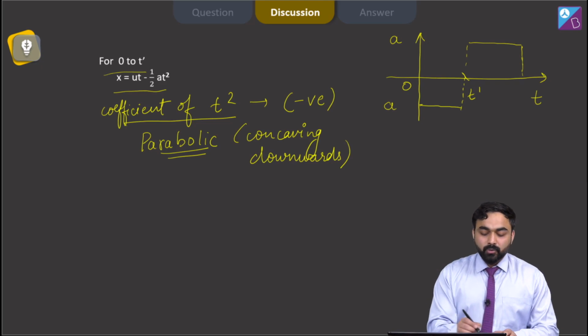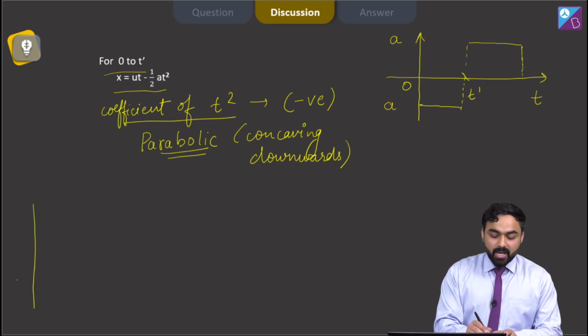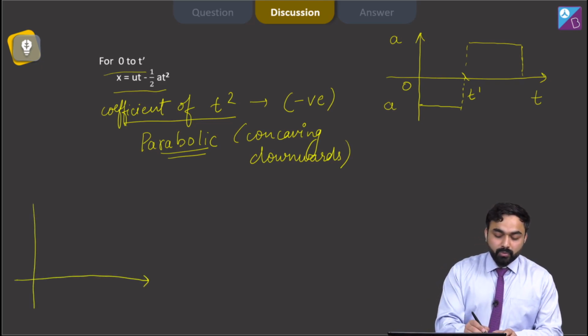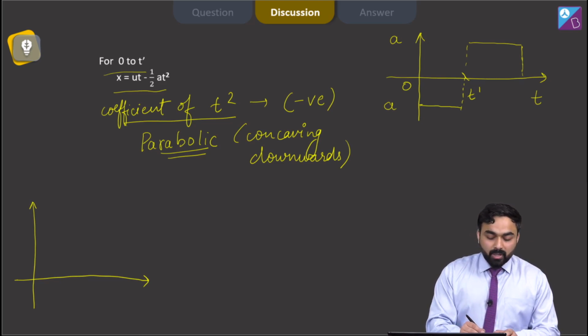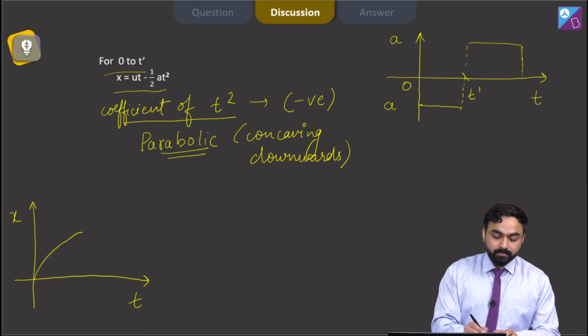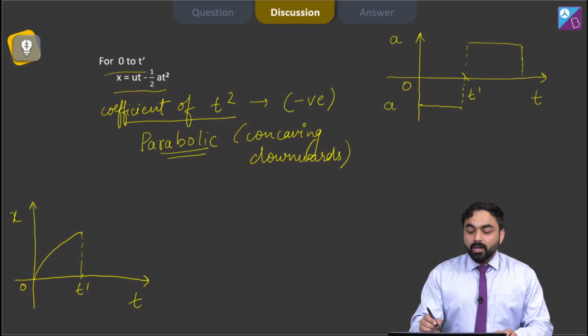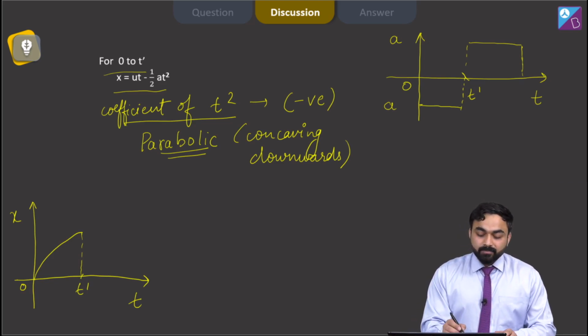Correct? So if I want to draw my xt graph here, it would come out to be this way from 0 to t dash. Now from t dash to t, you can see that acceleration is positive.